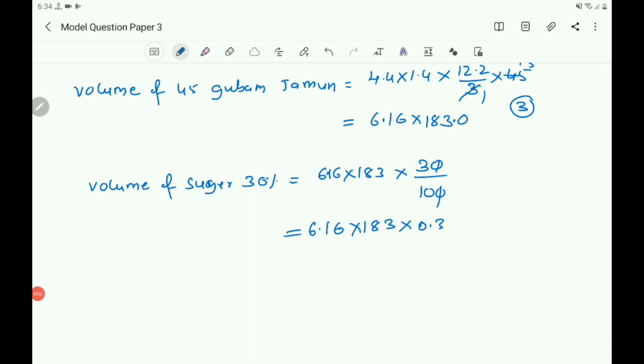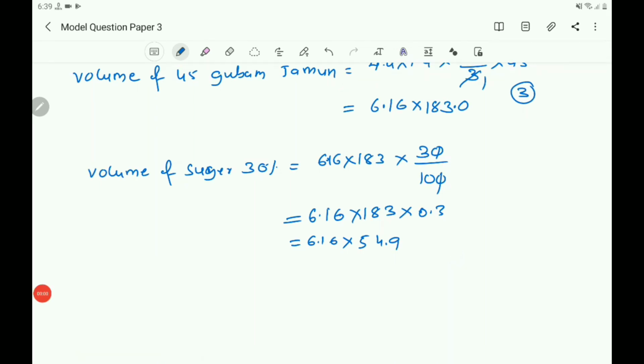Now here you write 6.16 into 3, 3 3s are 9, 8 3s are 24, 3 1s are 3 plus 2, 5, that is 54.9. Again find the product of these two, that is 549 into 616.